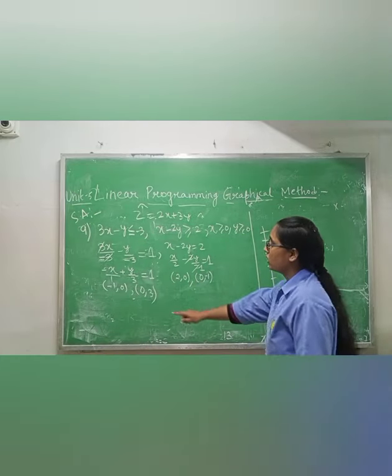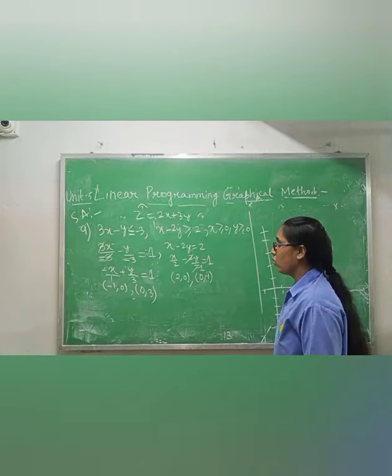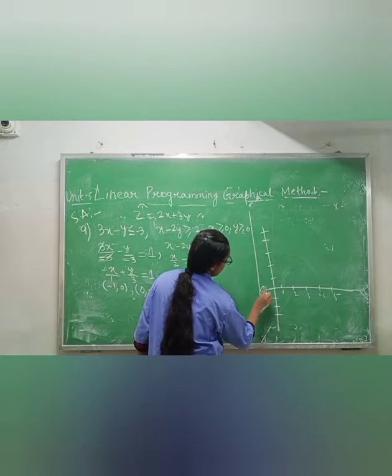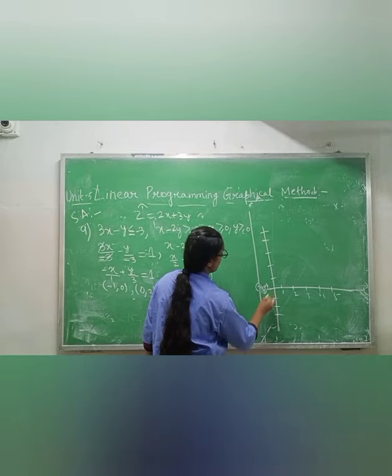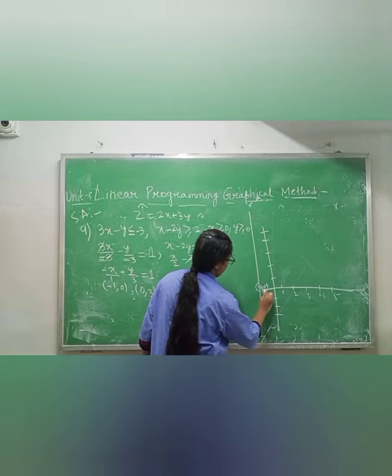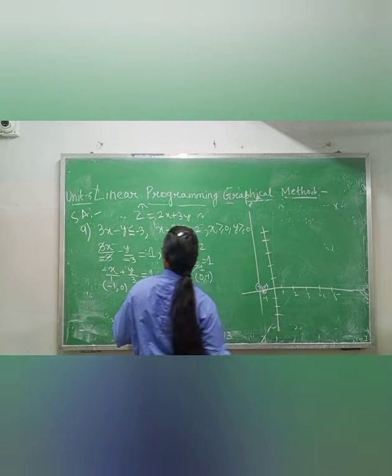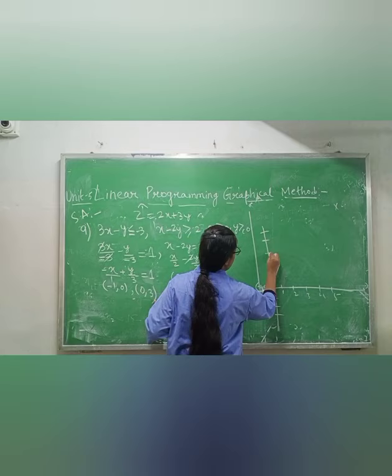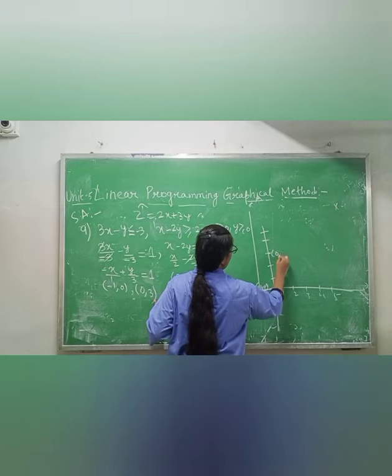Now we have to plot this. Minus 1 comma 0 means x is minus 1. This point. No need to draw a circle, only write minus 1 comma 0. And then 0 comma 3 means x is 0 and y is 3, this one, 1, 2, 3.